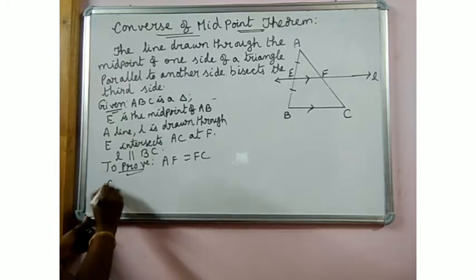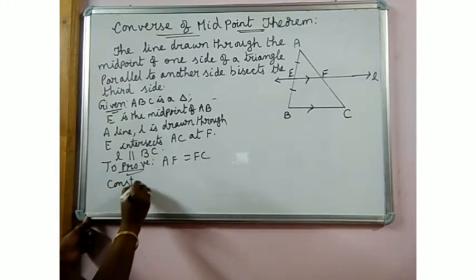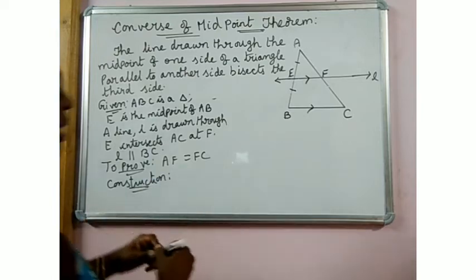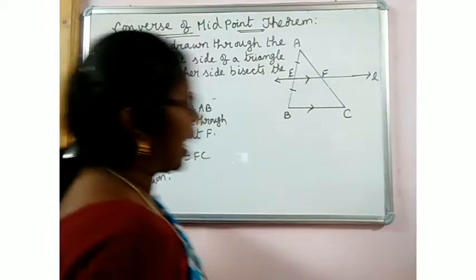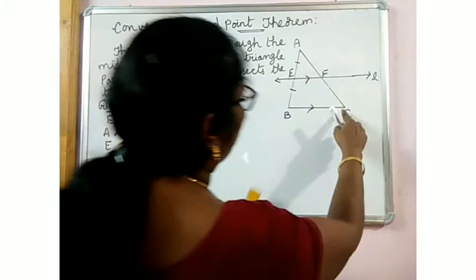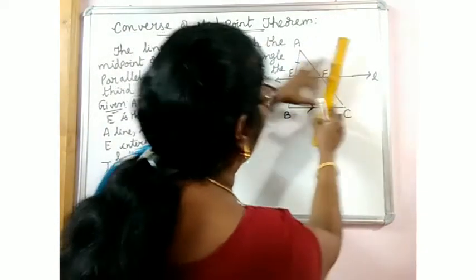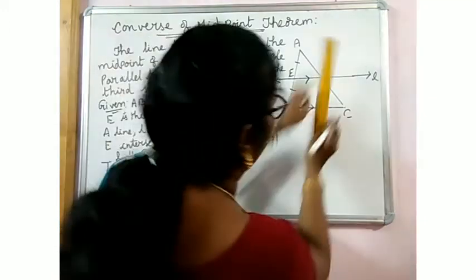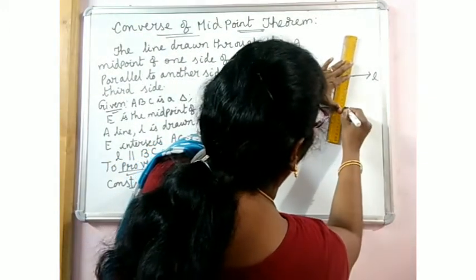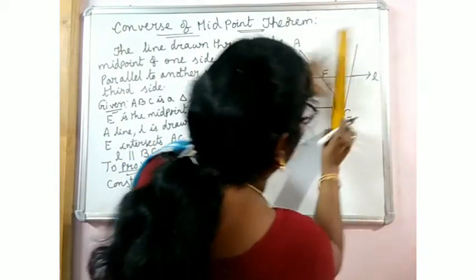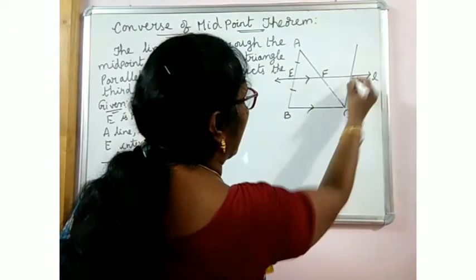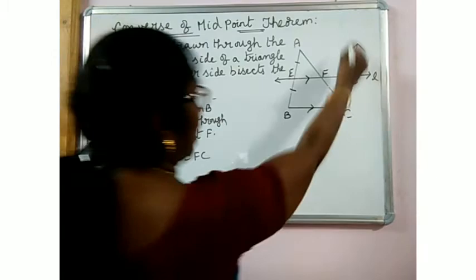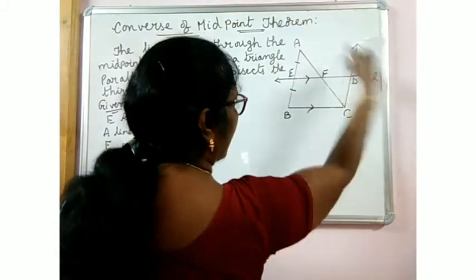For that, the construction step is, you have to construct something. What is that? We have to draw a line through C parallel to AB, which intersects this line L at D. Draw a line parallel to AB.